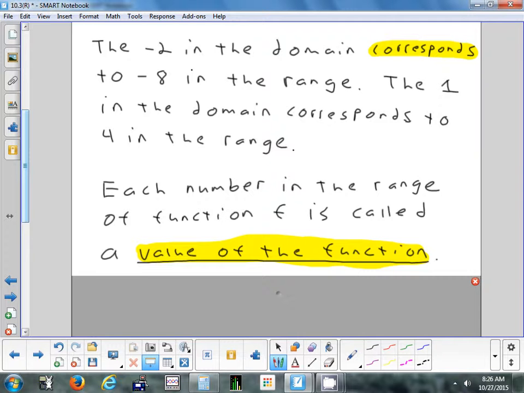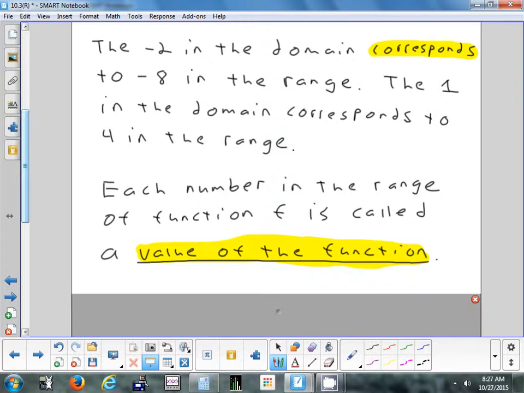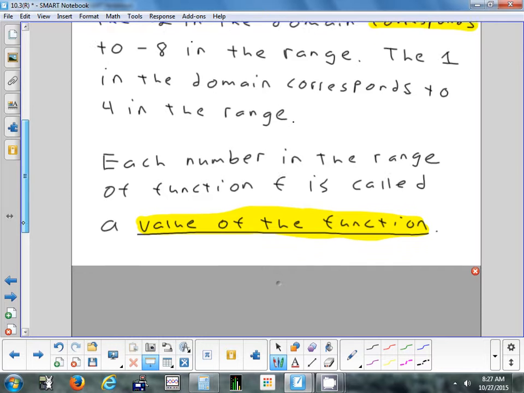The first blank you're gonna put in correspond. Corresponds just means like matches up. You guys have already done that. Mr. Hager had you guys listing coordinates already when we were doing the ones earlier. And then that last blank, each number in the range of function f is called a what? Who can tell me? Logan? Yep, value of a function. There's 4 spaces there to fill in. Value of a function.